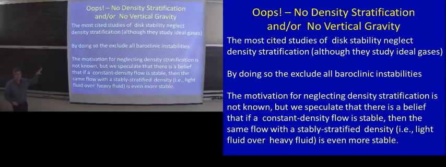So these guys did their calculations with a fully compressible gas, ideal gas law, PV equals nRT. But when they initialized the flow, they did something odd. They initialized it with a constant density of fluid. And so here's my star over here.